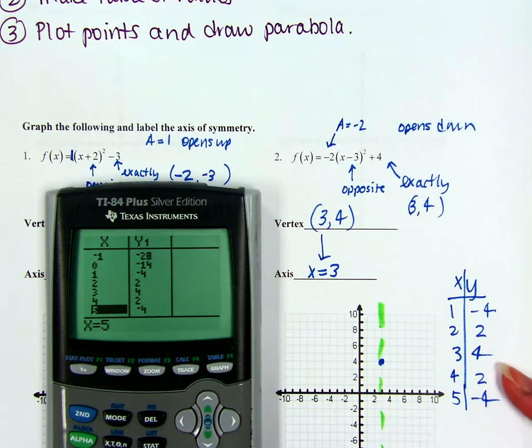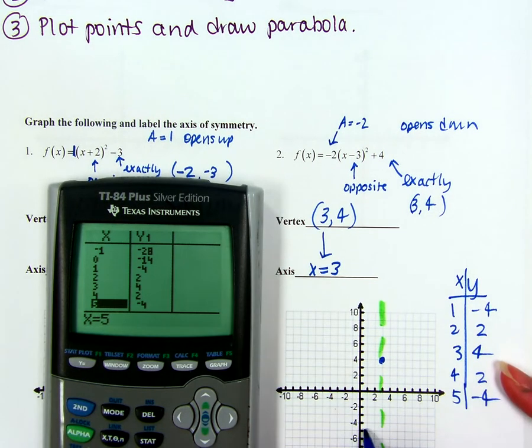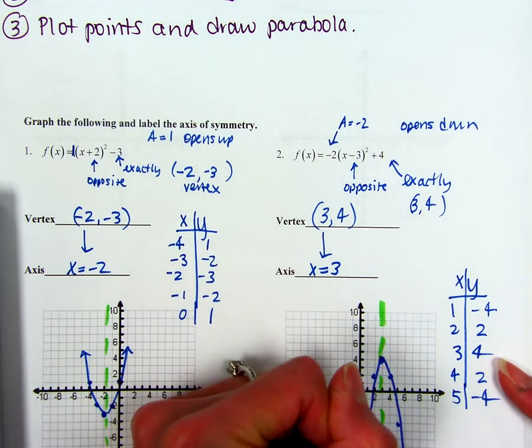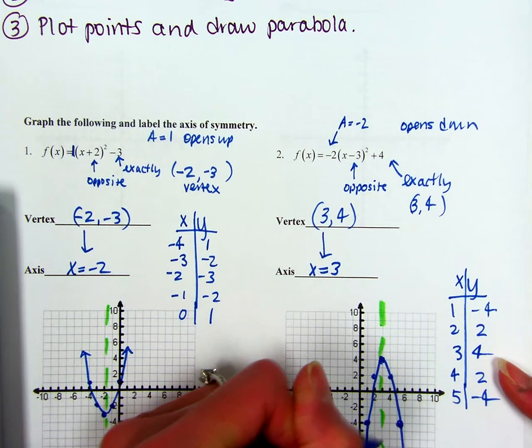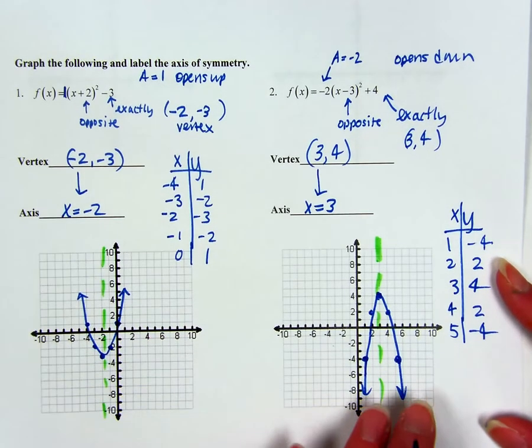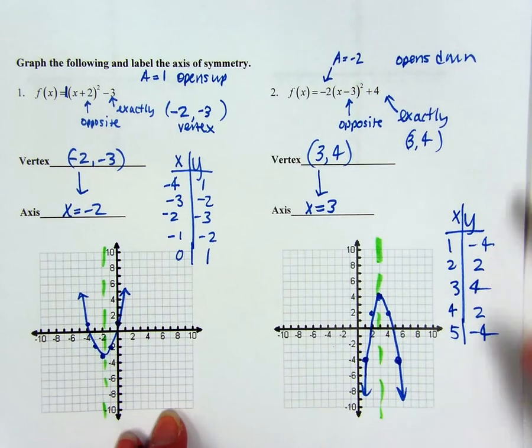All right, now I'm going to plot those on my graph. So I've got 1, negative 4; 2, 2; 3, 4; 4, 2; and 5, negative 4. And just like we said earlier, it's a parabola that opens downward. Make sure you put arrows on the end. That'll tell you that your parabola goes on forever.